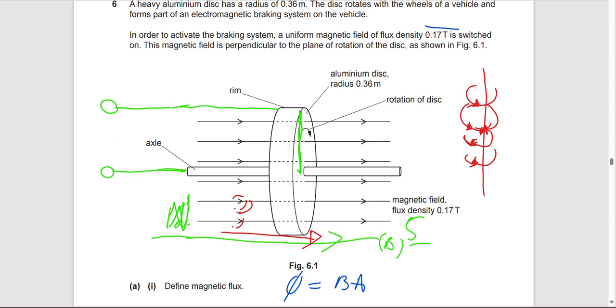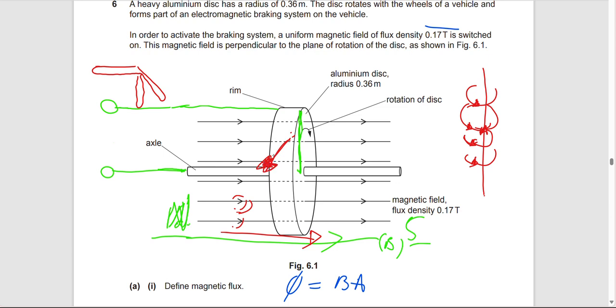Using the left hand rule, you have your first finger pointing in that direction, your middle finger down, and your thumb pointing to this side. So our force is going to be in this direction, out of the page.